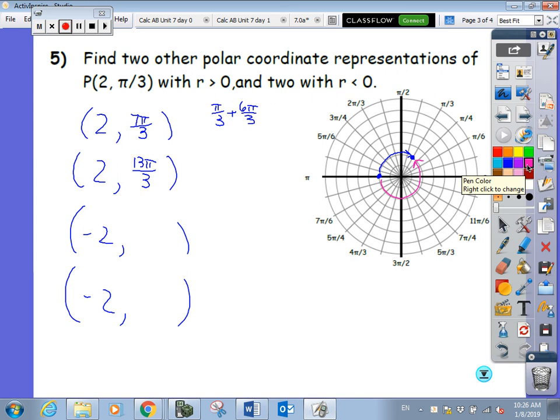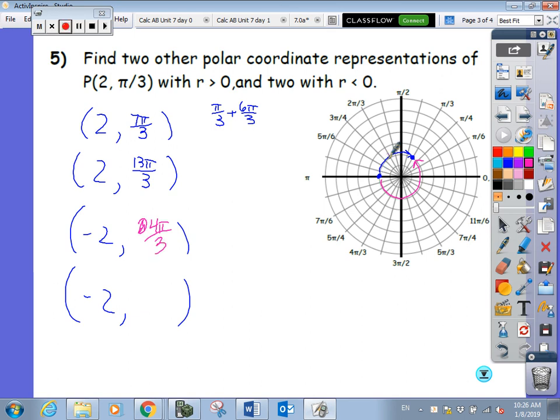So if I started at -2, how far did I go? Well, this was pi over 2, this was pi. Or we can think 1 pi over 6, 2 pi over 6, 3, 4, 5, 6, 7, 8 pi over 6. So that would be 4 pi over 3, if we were to simplify that.